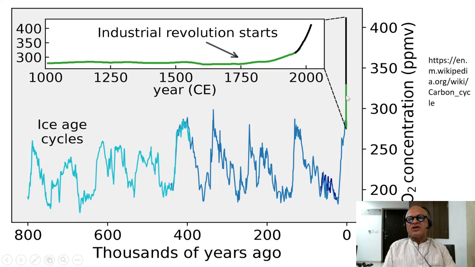All our interest is now obviously because of what's happening since the Industrial Revolution. If we zoom in, first of all, you see that we have shot past anything we have seen in the last 800,000 years in this record, or there are many more coarser resolution records which show that we are growing at the fastest rate in many million years.